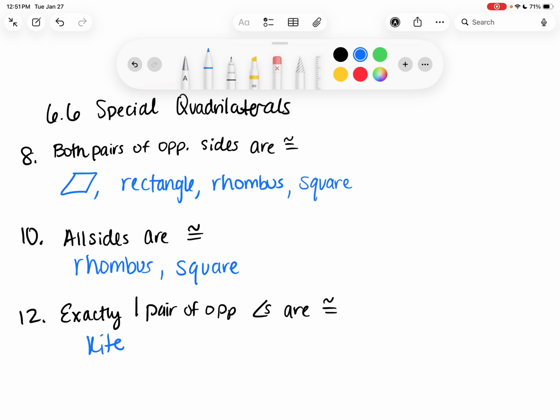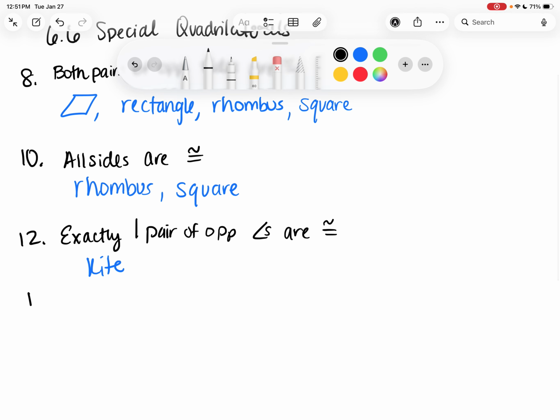Identify the special quadrilateral, use the most specific name. Okay, so like for example, if it looks like a square, or if it's marked such that it's a square, you're not also saying that it's a rhombus and a rectangle, right? Like you're just saying the most specific name of what it would be. So 16.